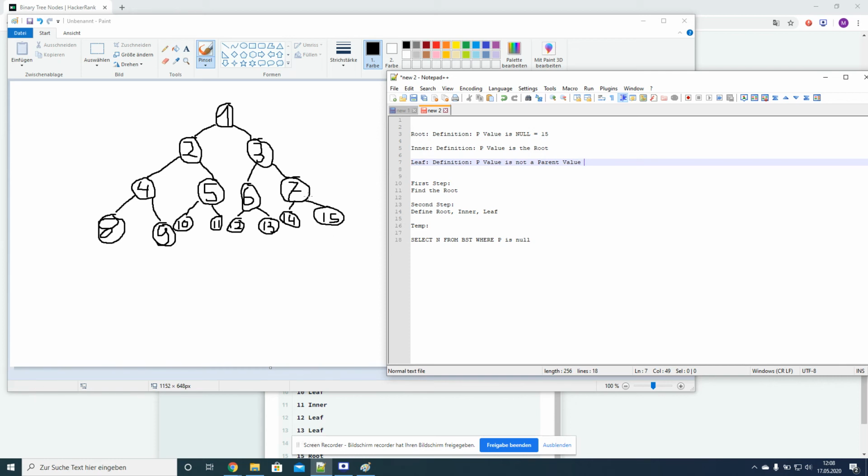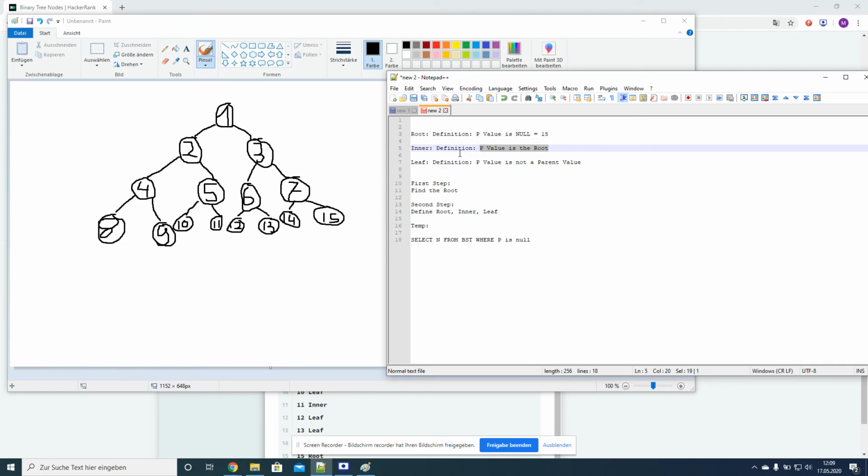And the inner definition would be, well, we define the leaves and we define the root now.